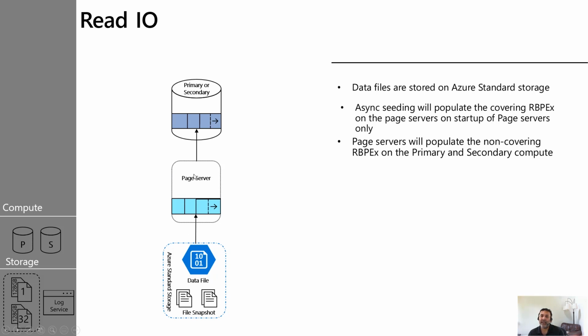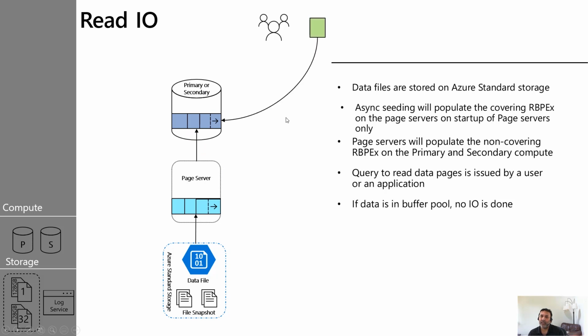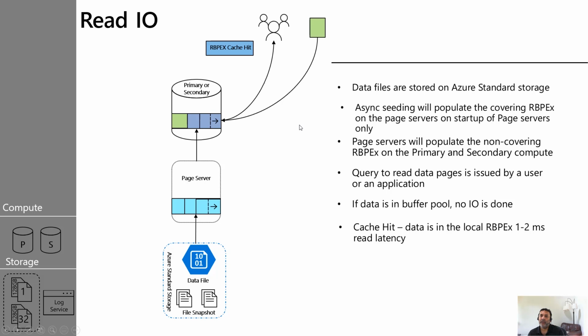Everything is then covering in the local SSD cache of the page servers. Page servers will then populate a non-covering cache depending on reads. So if a user reads a page, right? If the page is in buffer pool, the page is returned. If the page is not in buffer pool, then it goes to RBPX.